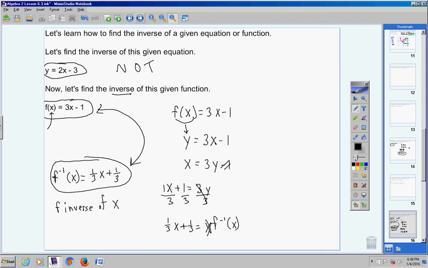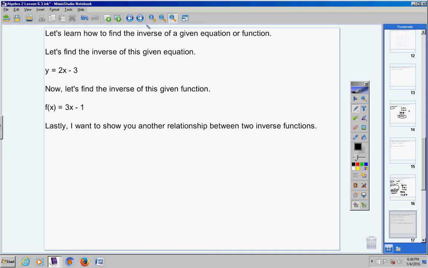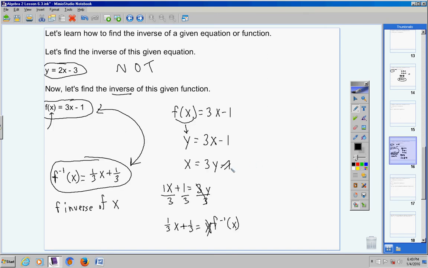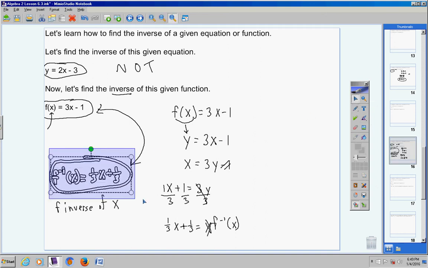Alright, moving on. Now, I want to show you another relationship between two functions that you really need to see, okay? So I need you to pay close attention. Here we go. Now, let me go back and copy something here, just to save me some time.